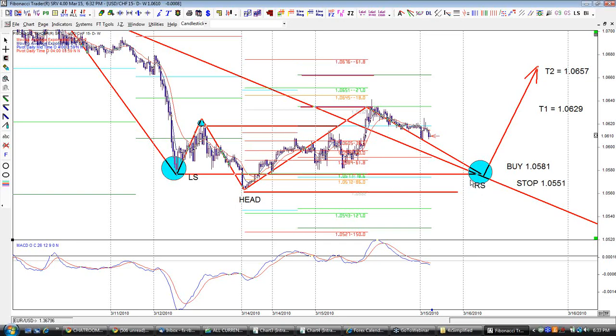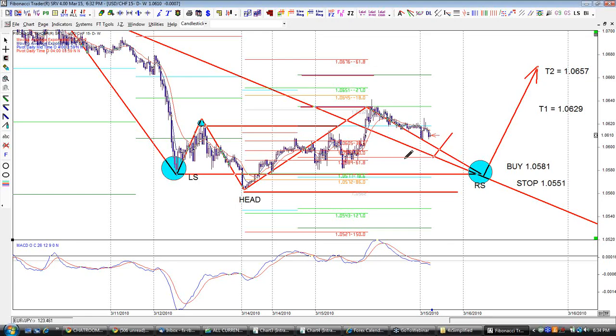We might form a bullish head and shoulders, left shoulder, right shoulder. Also, we might form a bullish Gartland if we find support at the pivot point. It's very close to the 618. So we can do something like this.